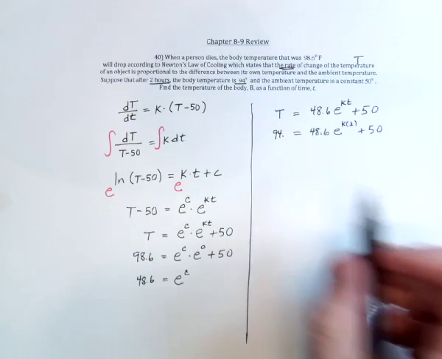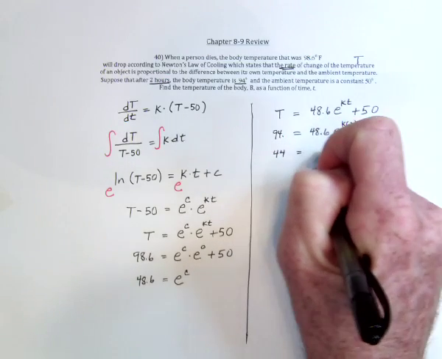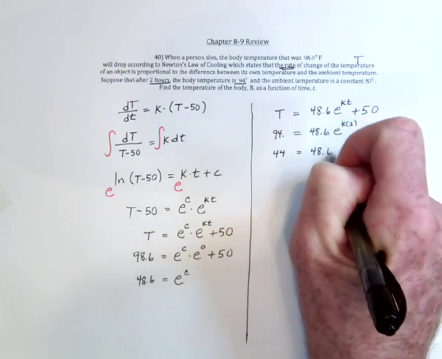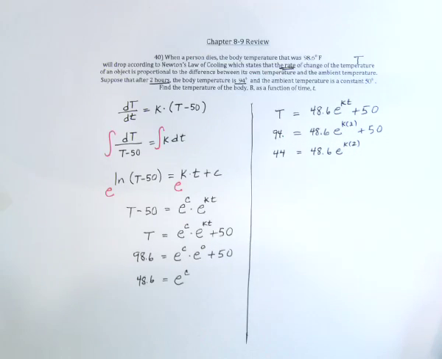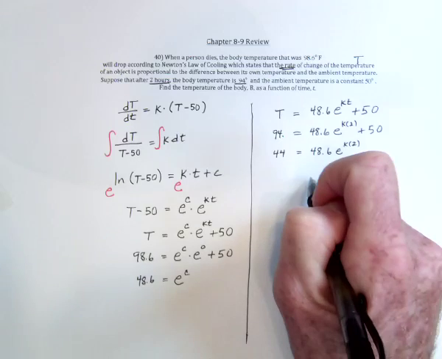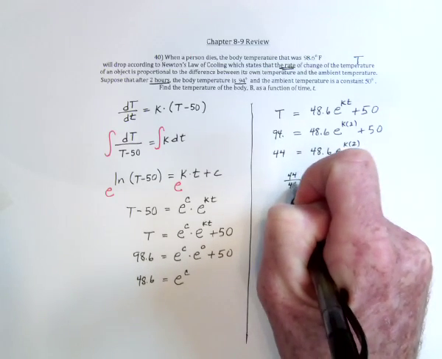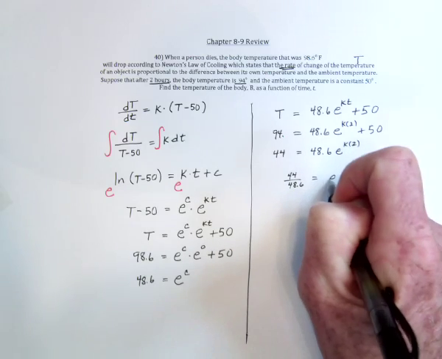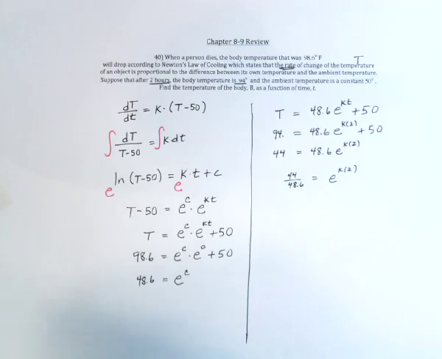So we'll need to subtract 50 from both sides. Next up is divide by 48.6. And then take the natural log of both sides.